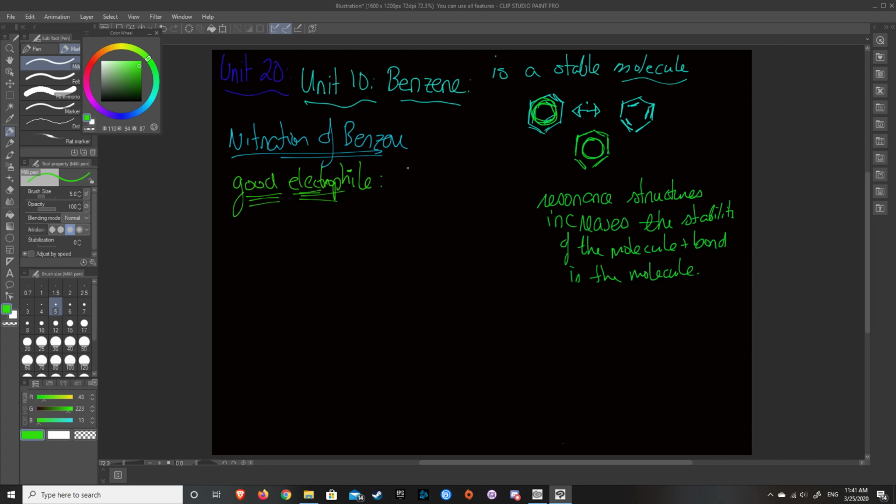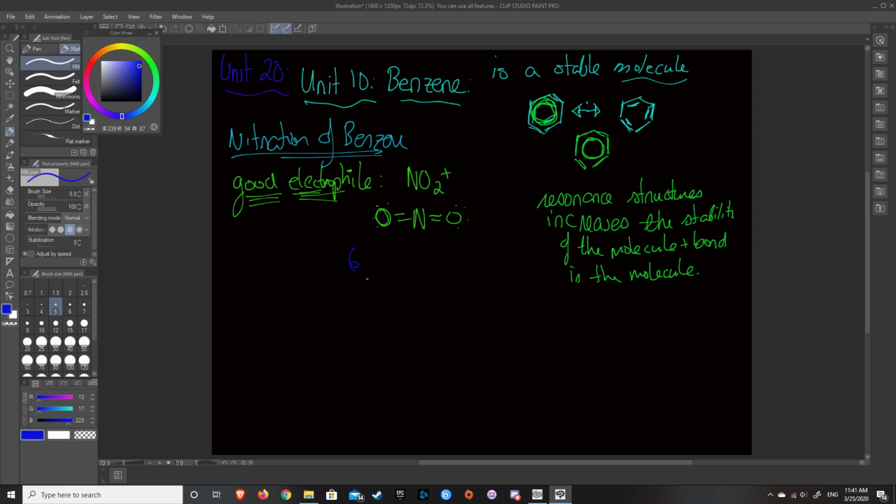So the electrophile that we're going to look at today is NO2 positive, which if we were to draw the bonds, looks like this. And the formal charges, if you remember how to do your formal charges: how many valence electrons it typically has, minus half of the bonding electrons, minus the lone pairs. So the formal charge on oxygen, this is just hopefully a review for you.